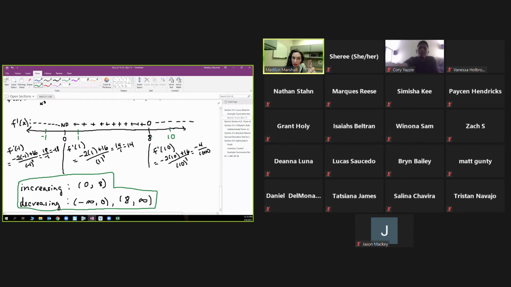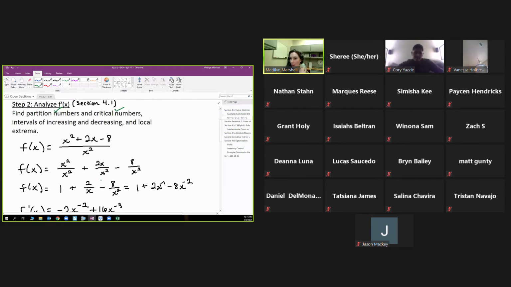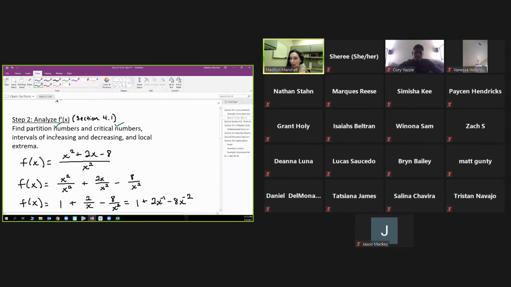It gave us our critical numbers, which is 8. And it gave us increasing and decreasing. There's one more thing that is in step 2 for analyzing the first derivative. So we've done that, and so the last thing is the local extrema. So that means local min and or max.